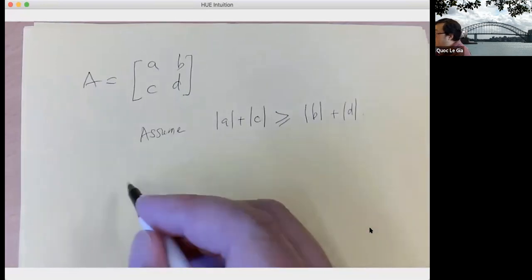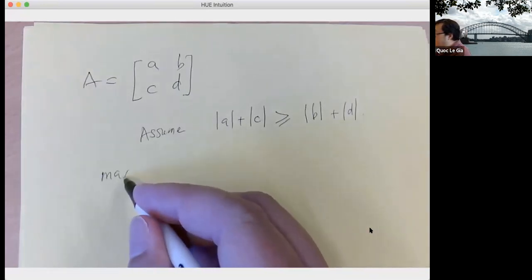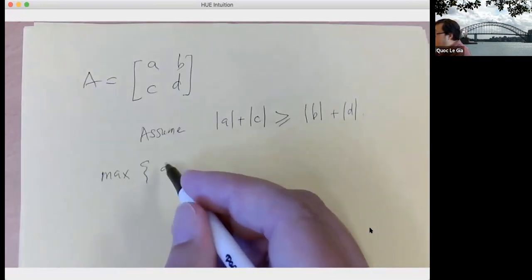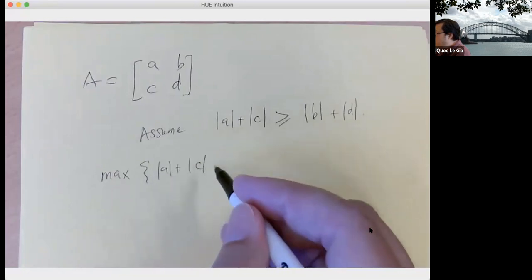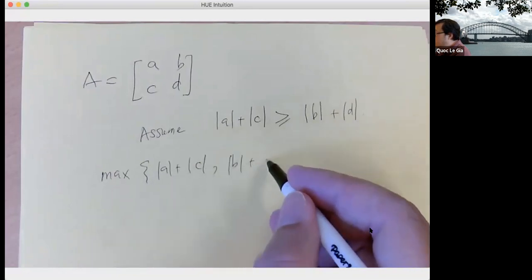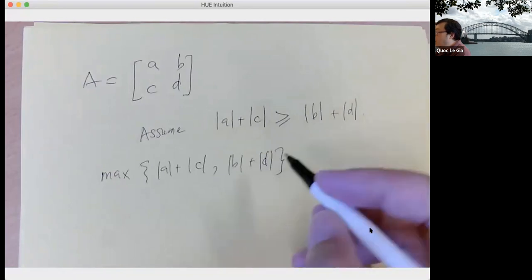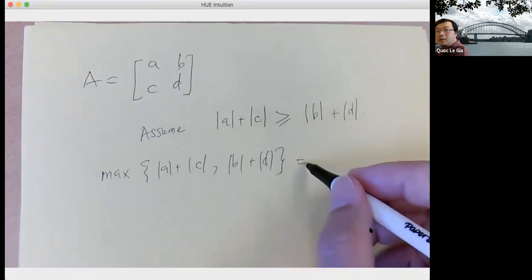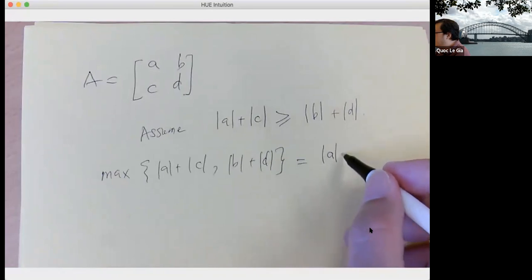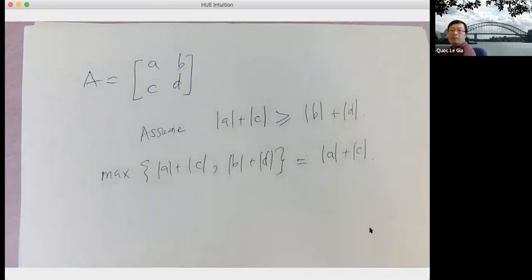Then the max of a plus c, b plus d in absolute value now just equals the first column sum.